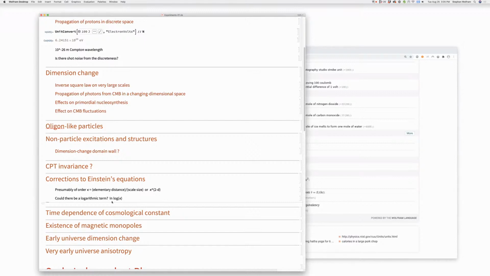And otherwise, you're not going to see much until your scale size is of order the elementary distance, right?